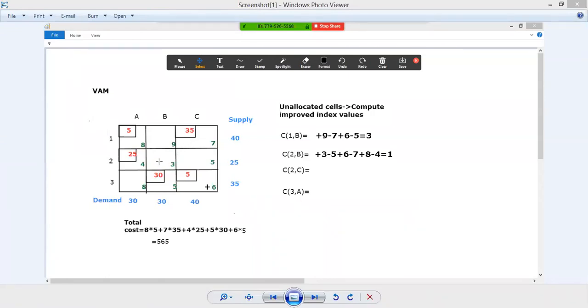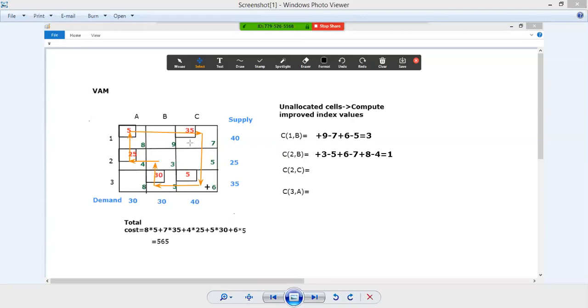From this second occupied position, we have reached this allocated cell. We can even reach this cell, and again from there start the journey and reach this cell. Again come towards this allocated cell, again come towards this allocated cell, and go back to the same original empty cell.